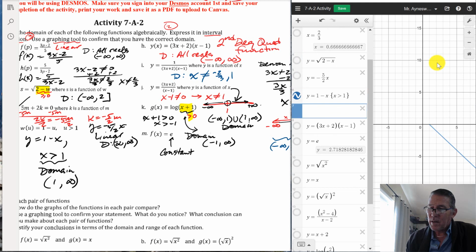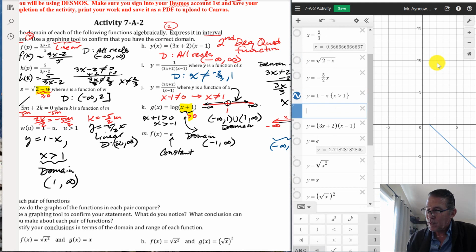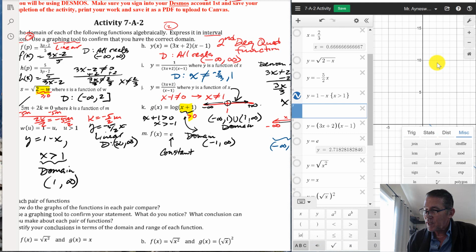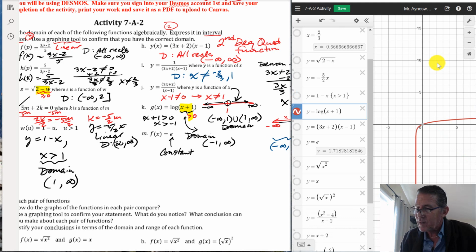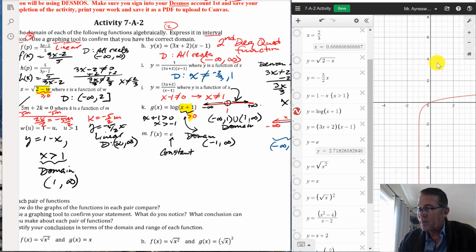So let me type in log of x plus 1. Go to functions, miscellaneous, type in log, and then type in x plus 1. That's how simple it is to use in Desmos. Piece of cake. Let me put y equals this. So there's your function. This is g of x right here. Let me turn off the previous one, so you can just look at one function at a time.